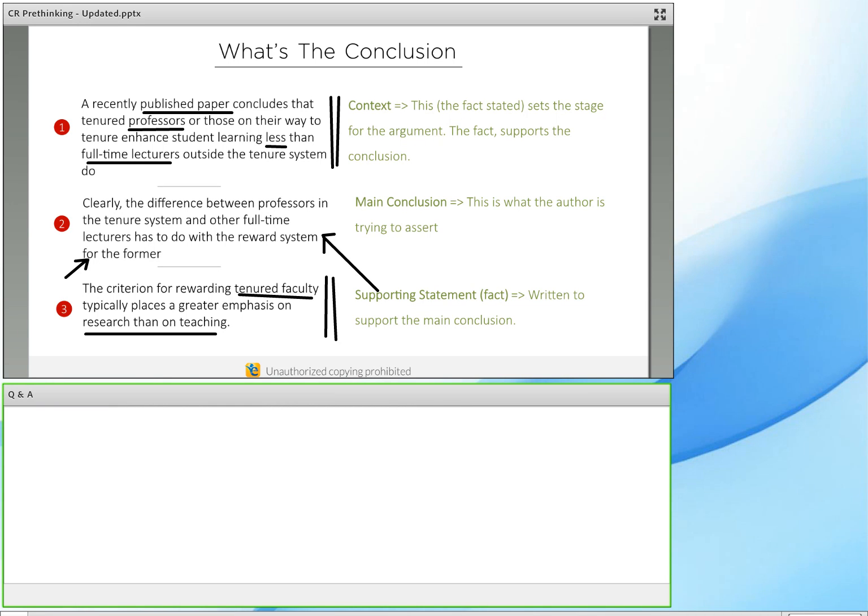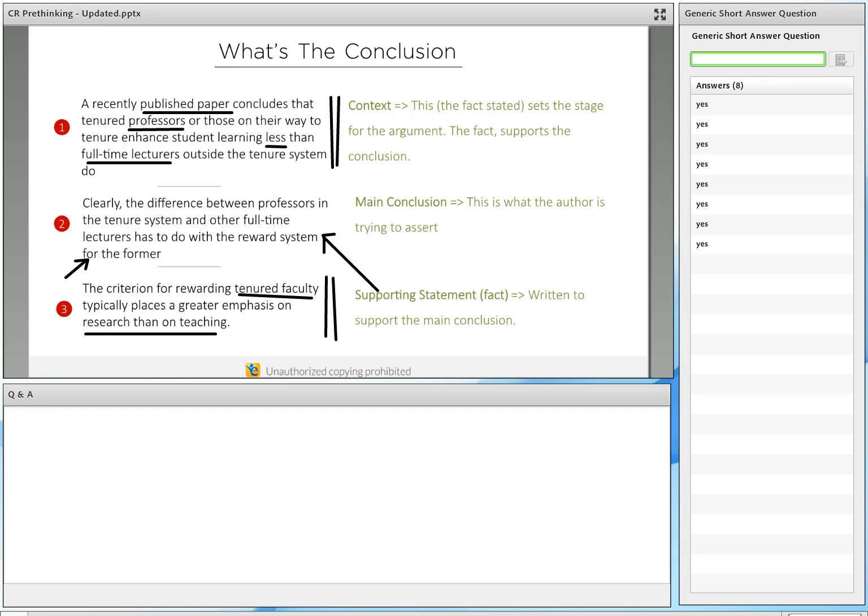Let me hide this. For those of you who chose statement 1 or statement 3 as the main conclusion, when you look at this slide, is that clear to you? Why statement 2 is the main conclusion? It's the conclusion that the author wants you to believe. Is that clear? Can I get a few more yeses?